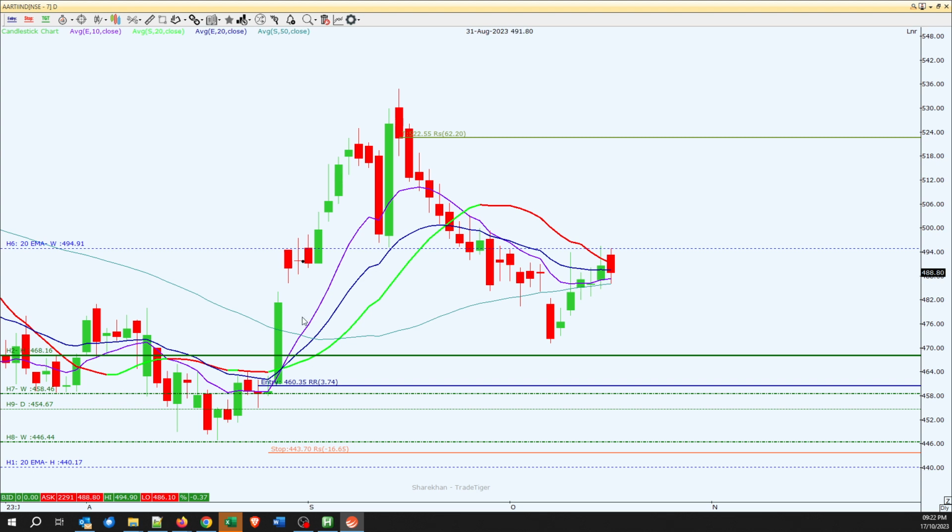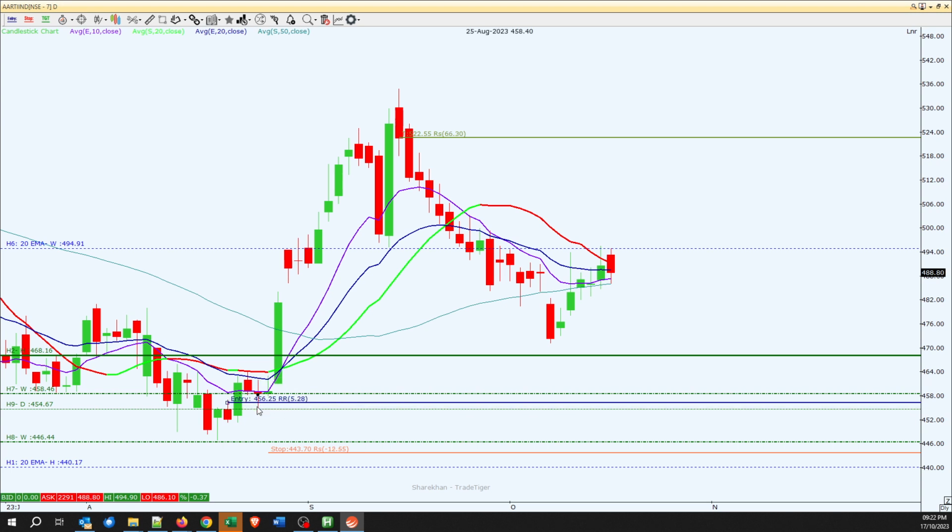However, if you want a higher R2R, you can move your entry to below this point. So somewhere between this wick and this wick, so that even if this breaks, you get a higher R2R. So somewhere here it was 3.7, it's now 5.2. All right. So your entry will also be better, your R2R will also be better, and the target will remain the same.